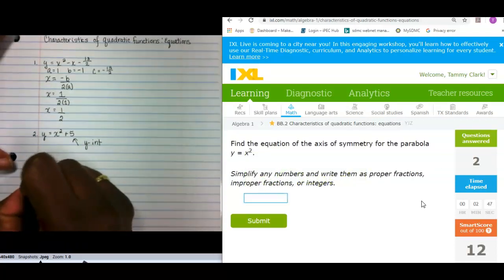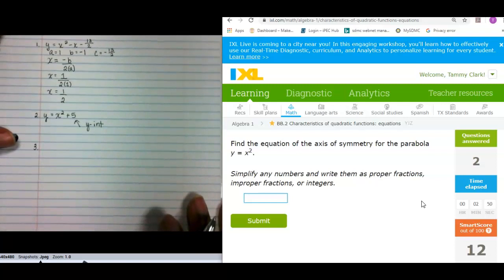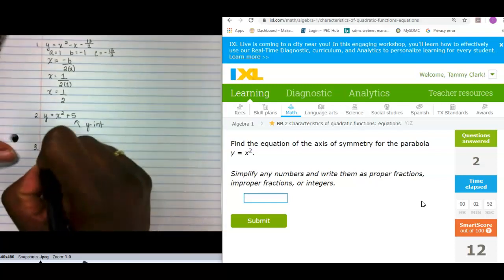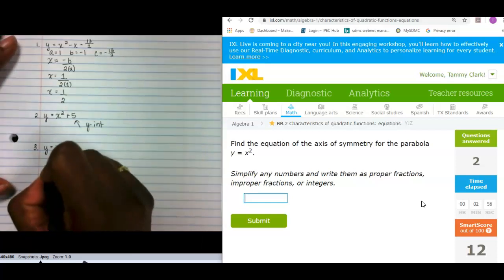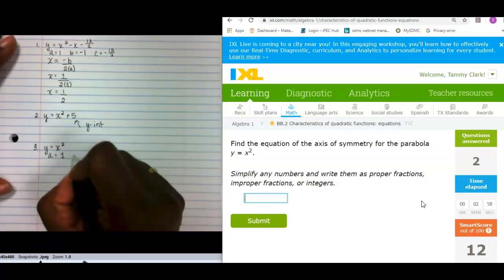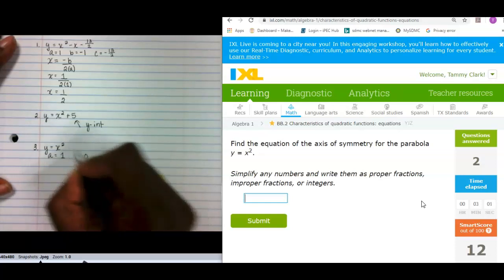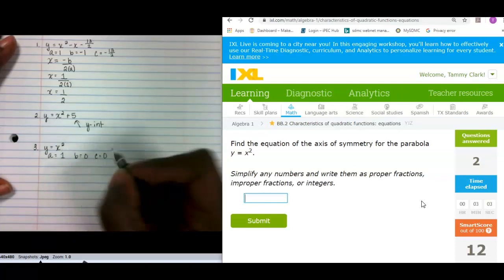Number 3, find the equation of the axis of symmetry for the parabola y equals x squared. So this is the parent function. The a term would be 1. The b term would be 0 because there isn't one there. And the c term would also be 0.